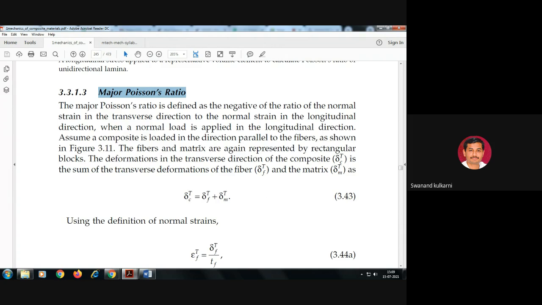The major Poisson's ratio is defined as the negative of the ratio of normal strain in the transverse direction to the normal strain in the longitudinal direction. So the ratio of transverse to longitudinal is considered to be the major Poisson's ratio.